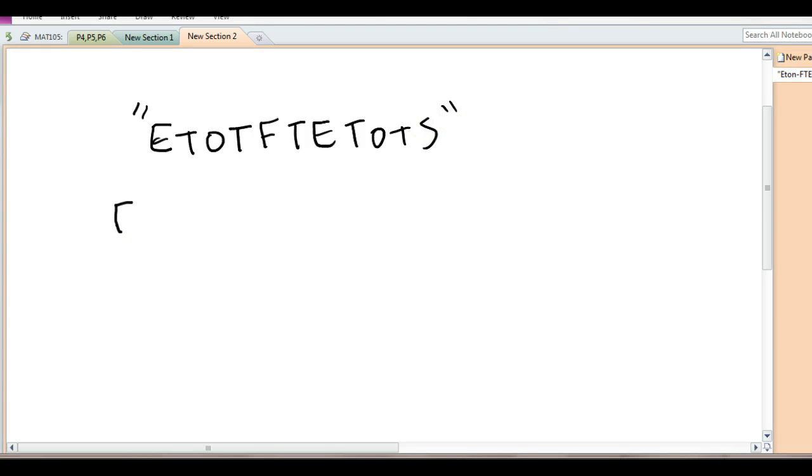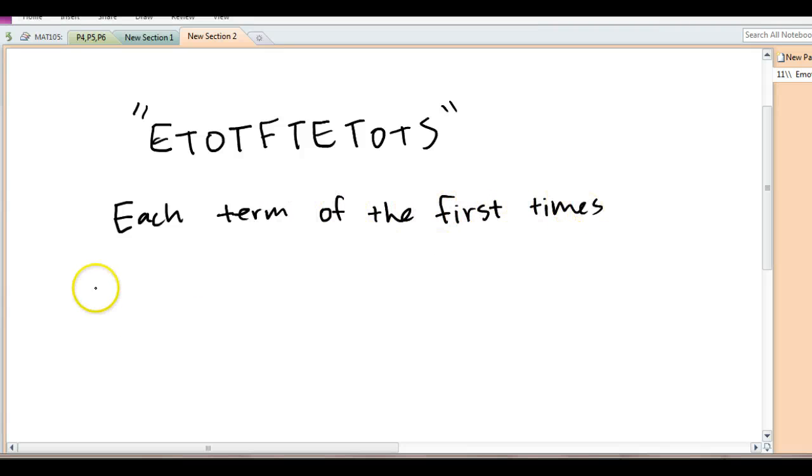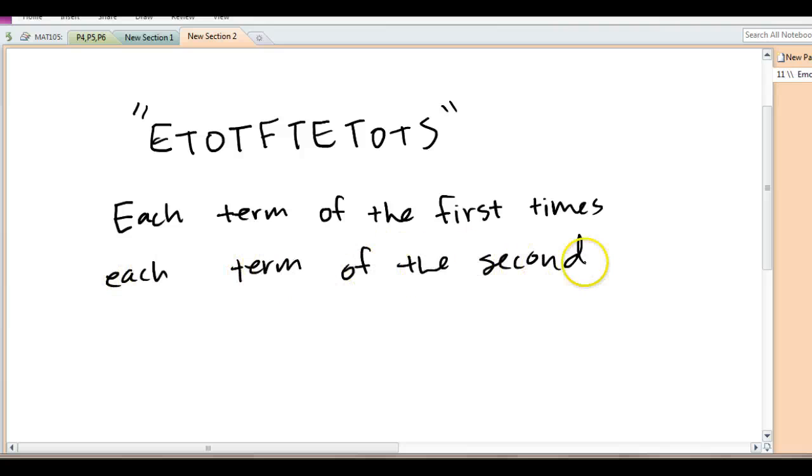And what it stands for is each term of the first times each term of the second. So you see where you get the name ETO-TF-TE-TO-TS.